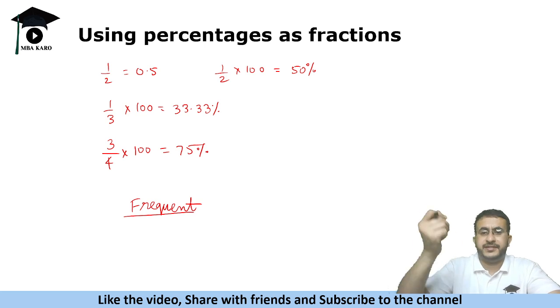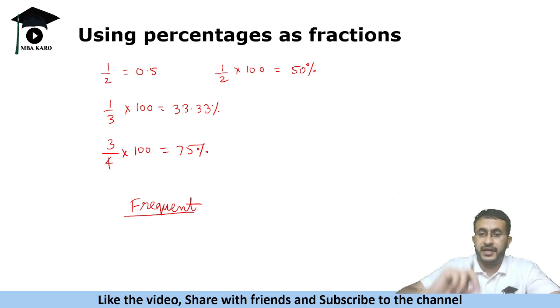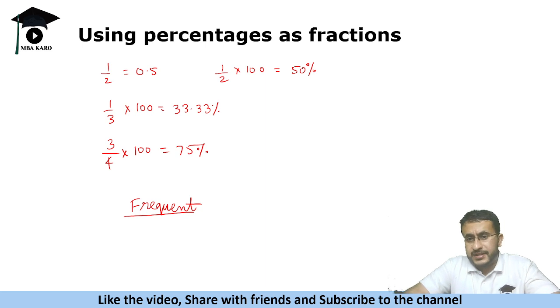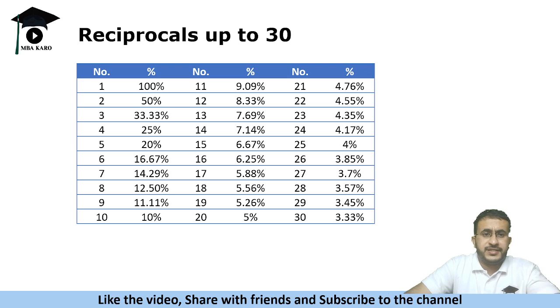So let us see the values which are frequent and application of them in calculation of numbers, and then subsequently in one of the questions as an example, and some more approximation techniques. So let's start with these reciprocals. This I would recommend that everyone should know, because if you know reciprocals up to 30, your job is done.